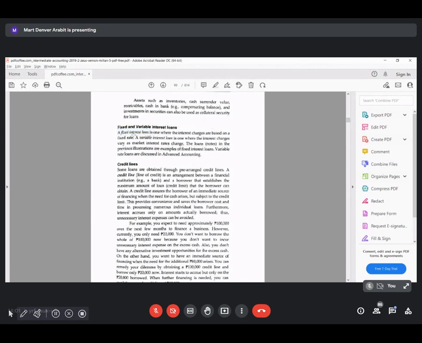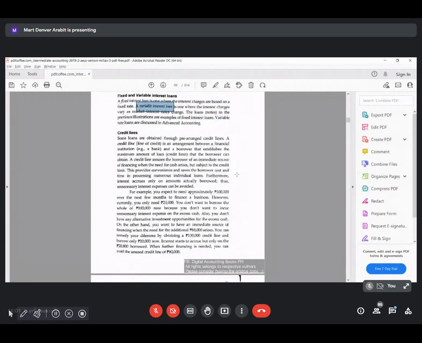Ang best example ng variable interest loan natin is yung sa pag-ibig loans. So, pag-ibig loans usually babago yan every year, which is nagre-recompute sila every year. Pagbabago yung interest rate nila, and that is one example of variable interest loan. Aside from sa sinabi ko kanina na escalation clause.